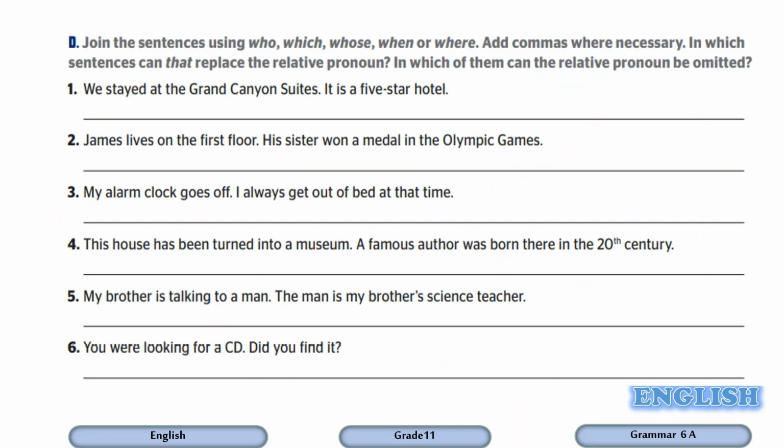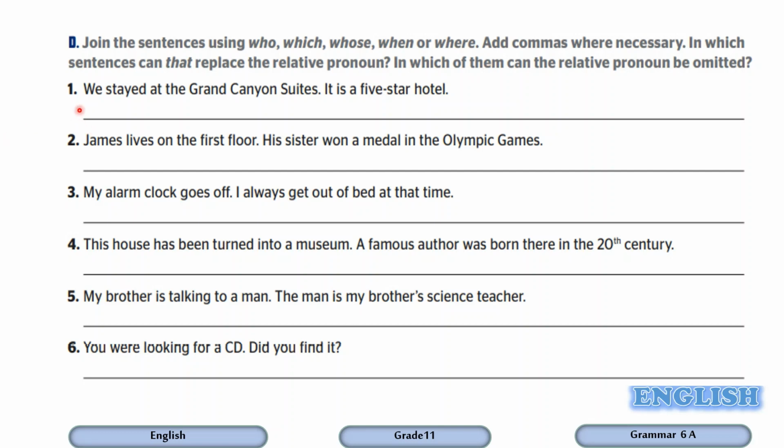All right, we almost reached the end of our class for today, but let's end it with a more challenging activity. We are going to join 2 sentences using who, which, whose, when, or where. Don't forget to add commas where necessary. The commas are used when the clause is a non-defining relative clause that provides only extra information.